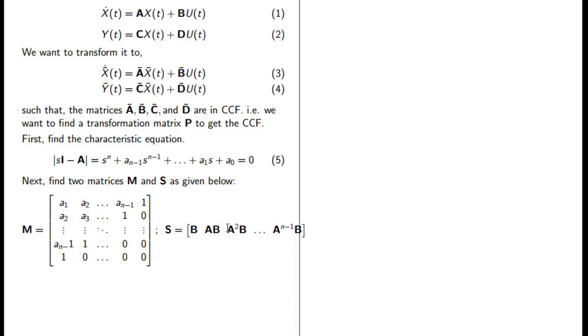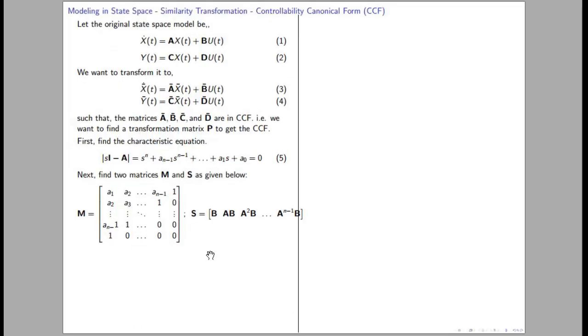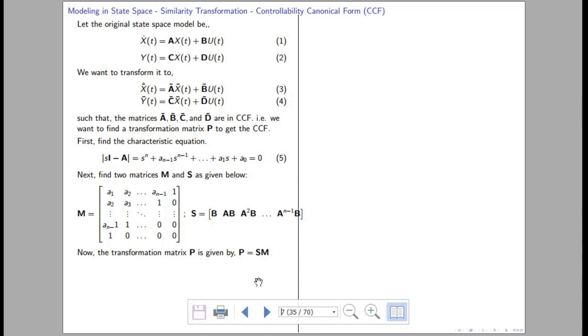For example, if it is a third order system, the size of this S matrix is going to be 3 cross 3. That means you will have 3 columns and every column will have 3 rows. Anyhow, we will illustrate this with an example. So once you find these matrices M and S, then the transformation matrix is given by P. P is equal to SM, the product of the matrices S and M. That's it.